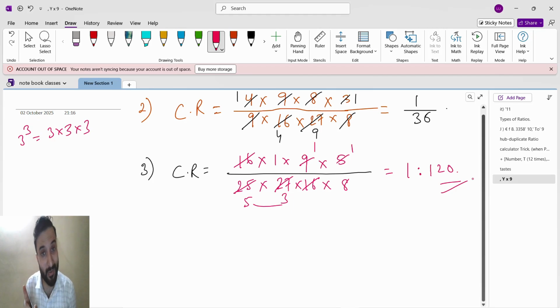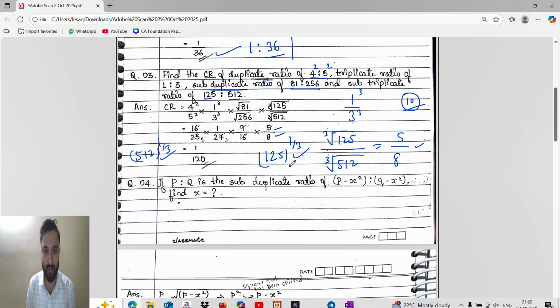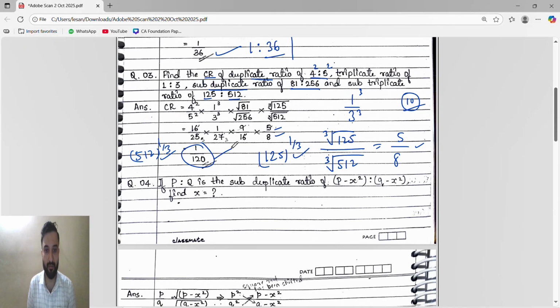But if you are not confident, guys, use the calculator. Better you take 5 or 10 seconds extra, but you will get the marks. So 1 is to 120 is the correct answer.